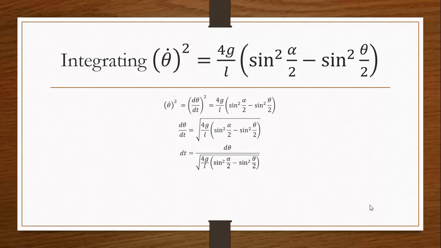So dt is equal to d theta over the square root of 4g over L times sine squared alpha over 2 minus sine squared theta over 2. Integrating both sides, we get t equal to the integral of d theta over the square root of 4g over L times the quantity sine squared alpha over 2 minus sine squared theta over 2.